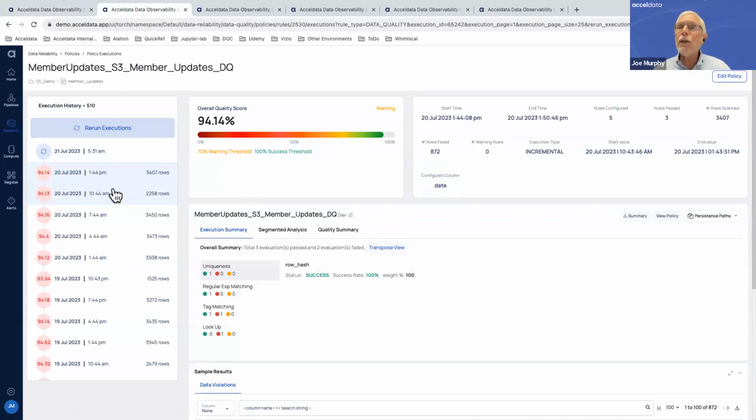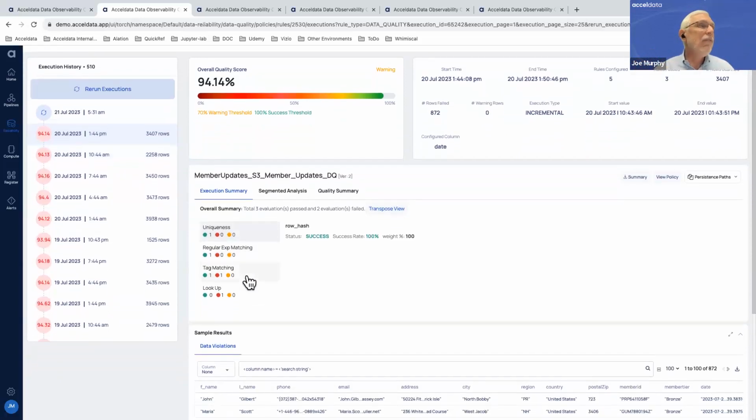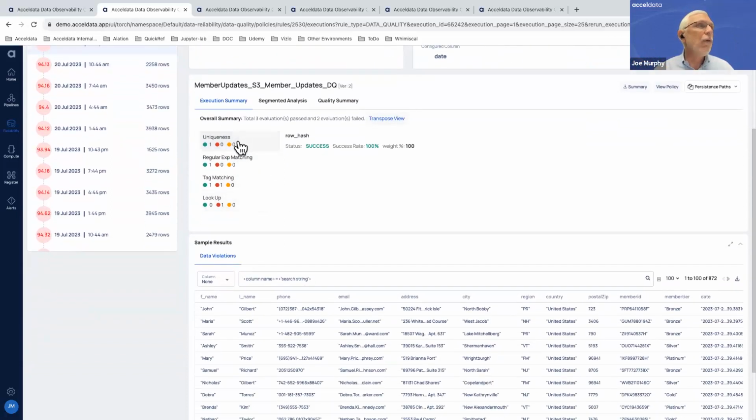And I keep a record. So from an audit perspective, if an auditor ever comes back to me and says, how was this data when it flowed in? I can bring them all the way back to each and every run or test I've run on this data and give them detailed input to say, here are all the rules that we checked. Maybe I needed to make sure the rows are unique.